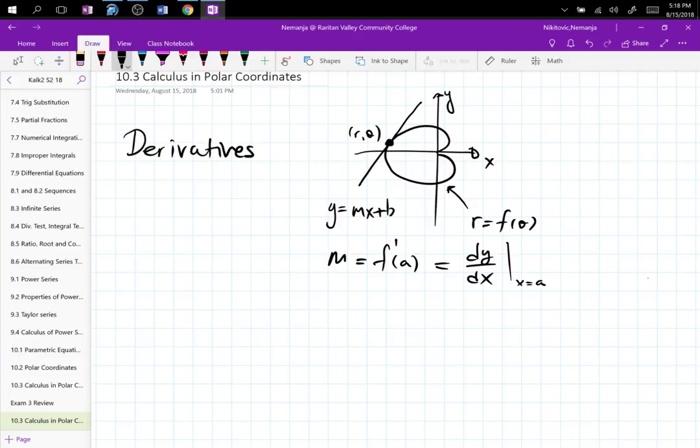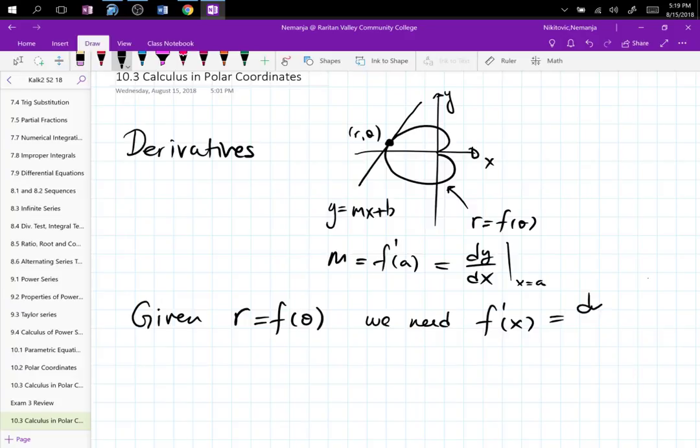So now we see that we have to be able to find derivatives. Given some function r equals f of theta, we need f prime of x, which is dy dx.